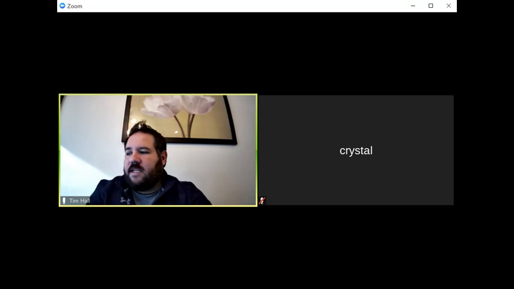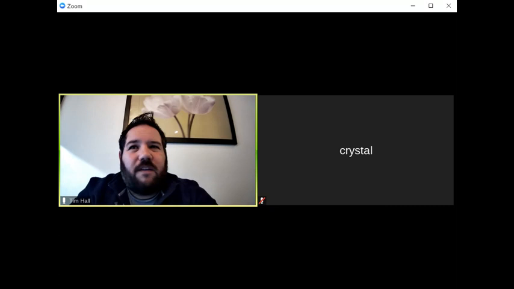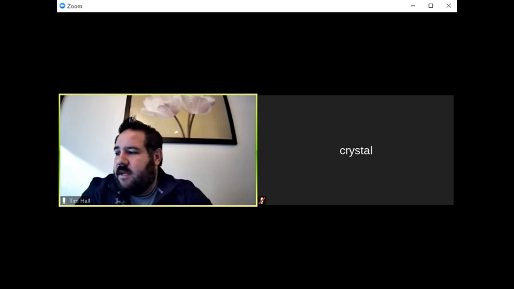Now remember, standard form is the one that really helps us to find the x-intercept and the y-intercept. So when we're going to graph those, we plug in 0 for x, and that gives us the y-intercept, and then we plug in 0 for y, and that gives us the x-intercept.